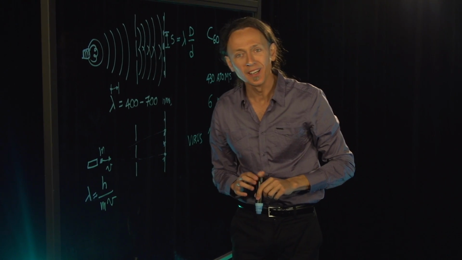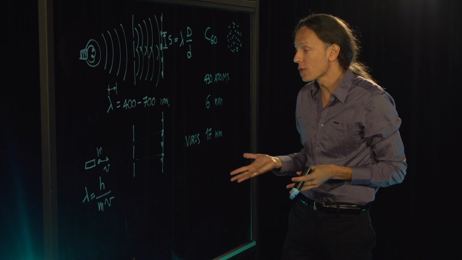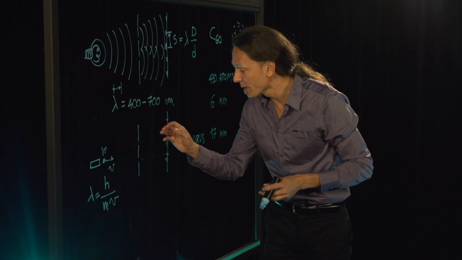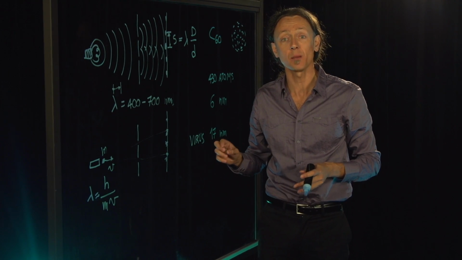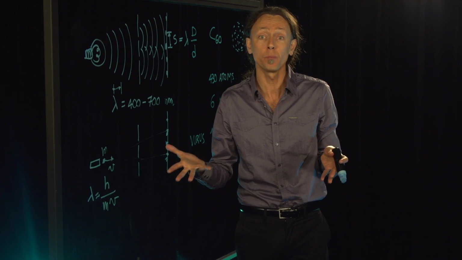Now imagine if you could do that with a virus, with a living creature, and you could show that it goes through two different places at the same time. This is what quantum mechanics in principle tells you should be possible.